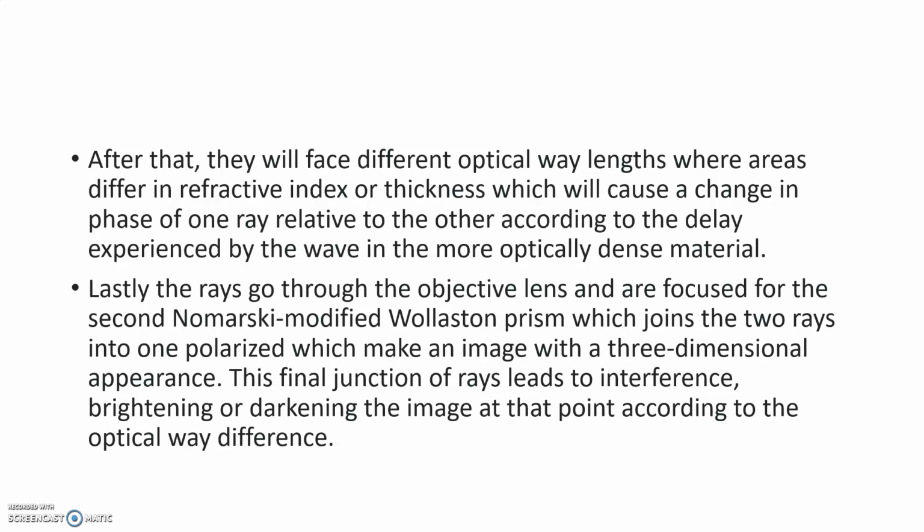Lastly, the rays go to the objective lens and are focused on the second Nomarski modified Wollaston prism, which joins the two rays into one polarized light, and this makes an image with a three-dimensional appearance. This final junction of rays leads to interference, brightening or darkening the image at that point according to the optical wave difference.